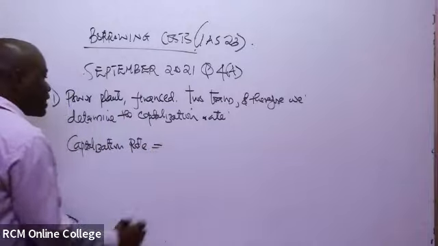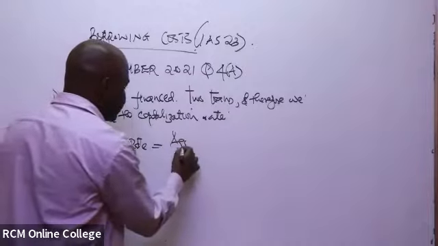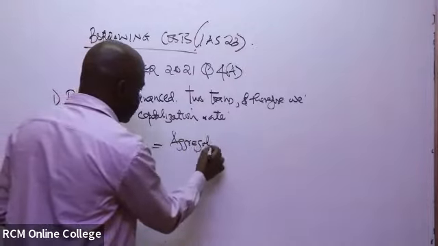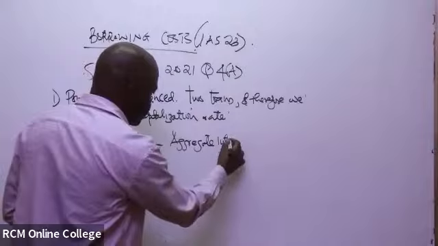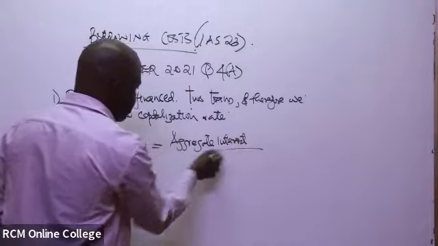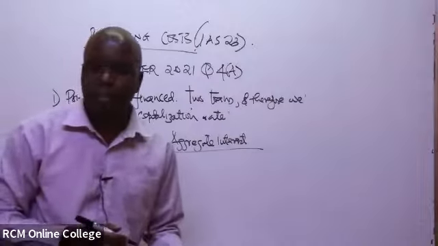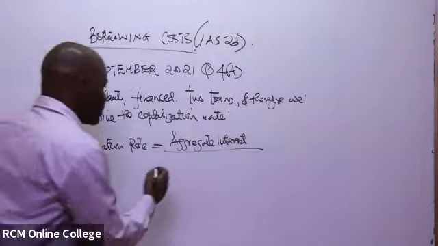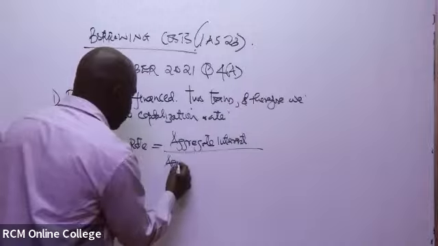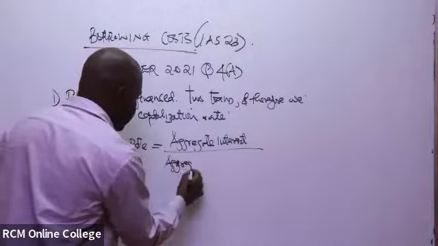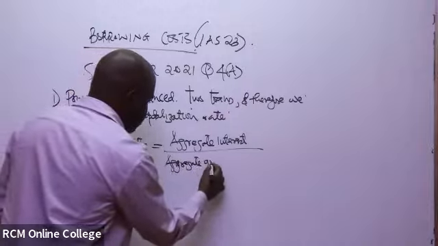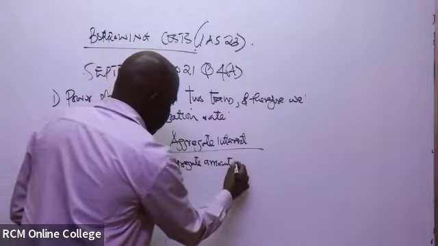In this case, you take the aggregate interest of the two loans over the aggregate loan amount payable. So over the aggregate amount of the loan payable.